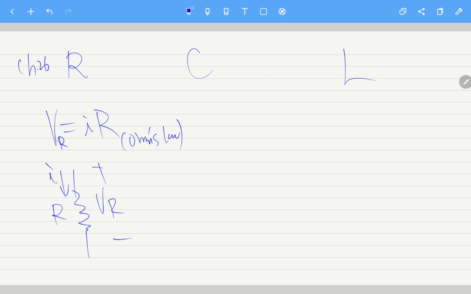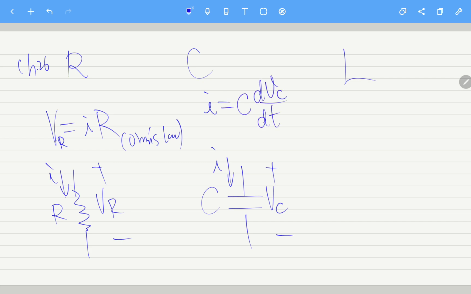Next, if we have a capacitor C, with V_C plus minus and a current I, it satisfies I equals C dV_C/dt. Later on you will use this one, so try to remember it.